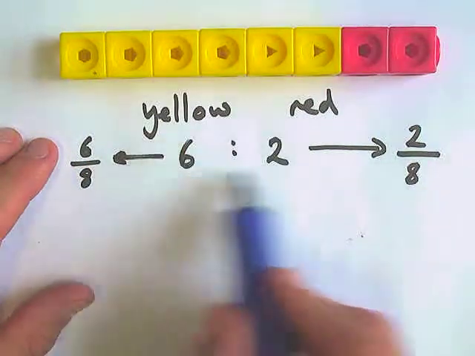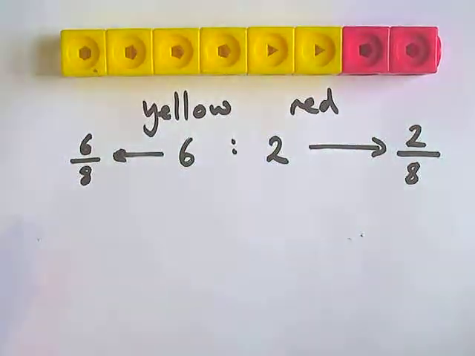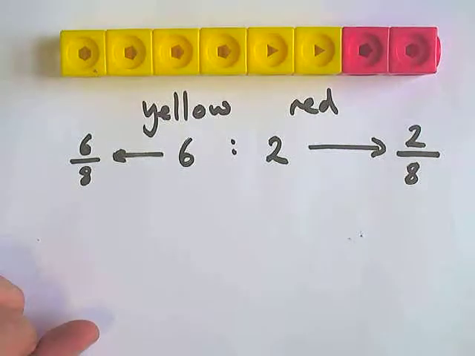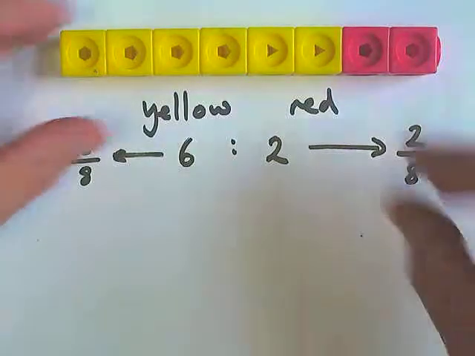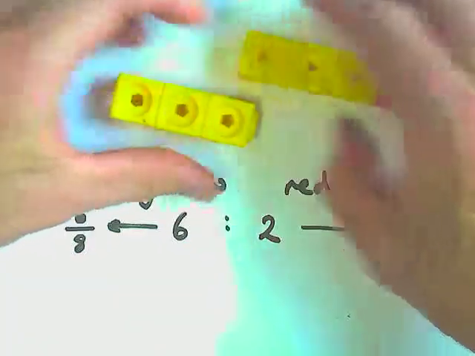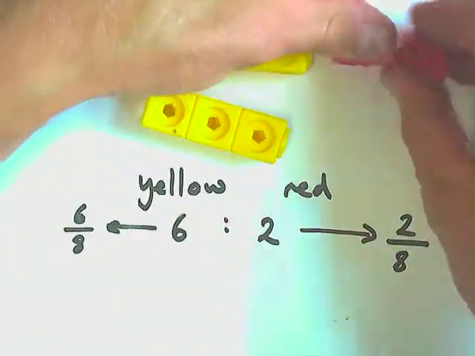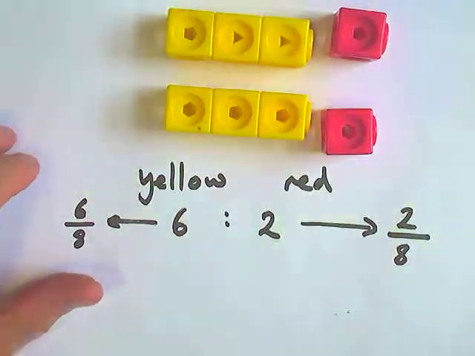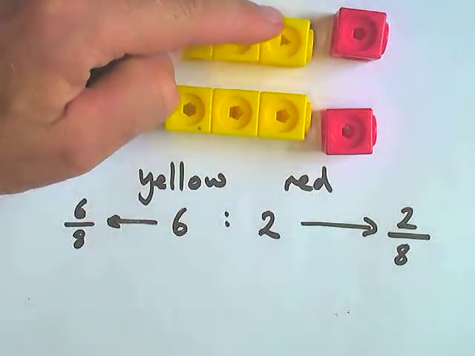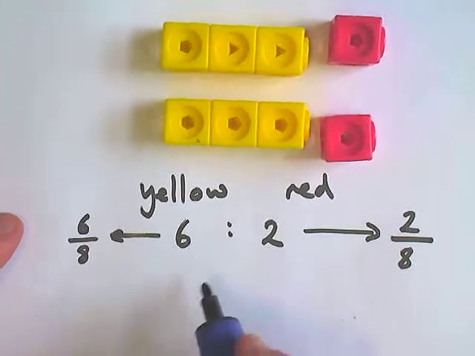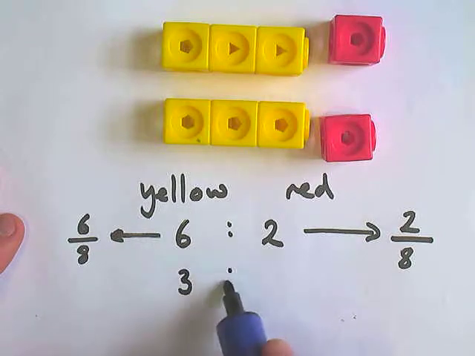This is the ratio that shows how they're related. But we can simplify that because 6 and 2 are both in the 2 times table. So we can split our ratio up like this. We can think of it as, for every 3 yellow, there's 1 red. So we could say 3 to 1, and that's the same ratio.